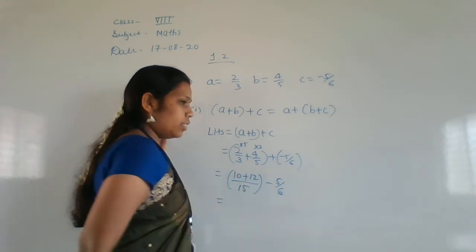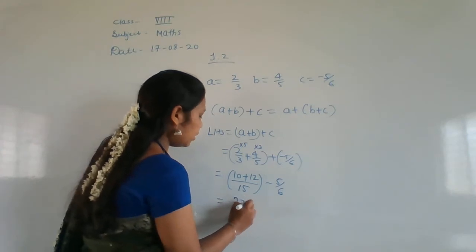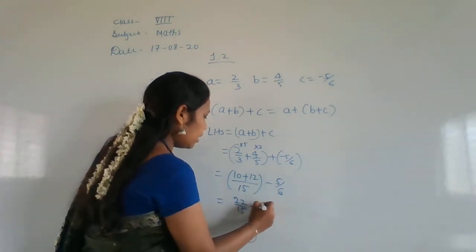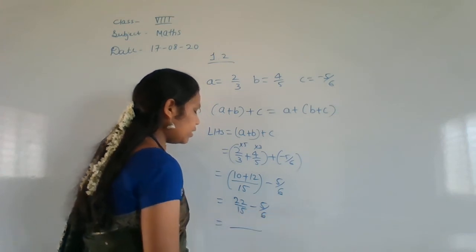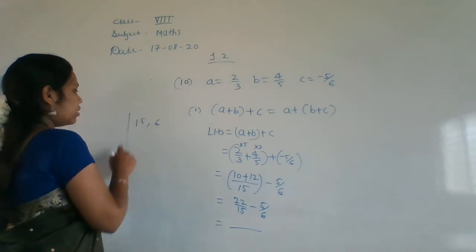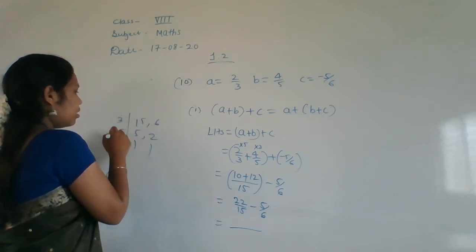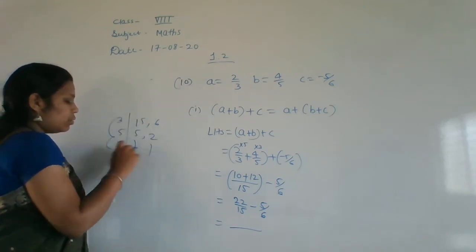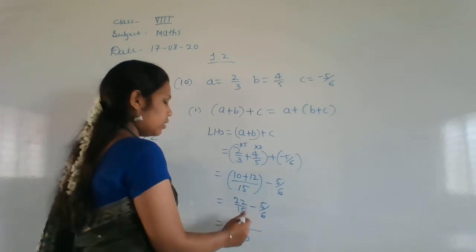And what is the addition here? 10 plus 12 is 22. So write here 22 by 15 minus 5 by 6. Again take the LCM of 15 and 6. What is the LCM of 15 and 6 here? 5 3s are 15, 15 2s are 30. So 30 is the LCM here.